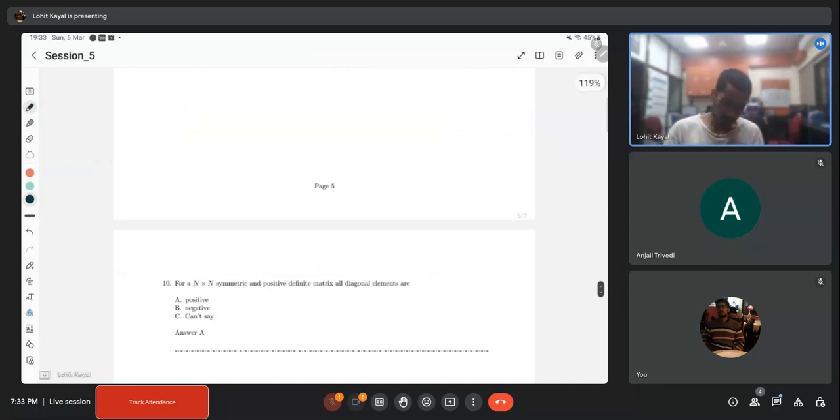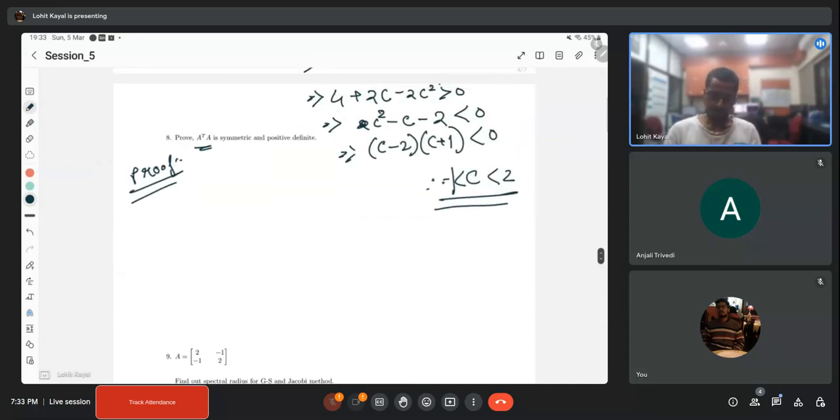This is a simple one. Now, for any matrix Z, an n cross n matrix, it will be symmetric if Z transpose equal to Z. So this is the definition of a symmetric matrix.